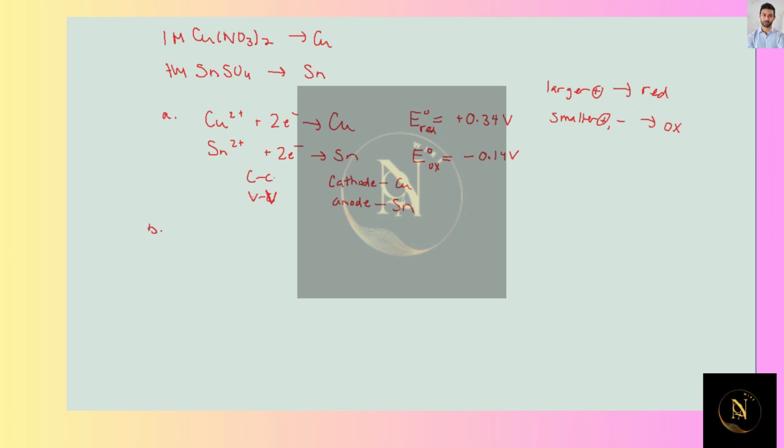In question B, we want to know which electrode gains mass and which one loses mass as the cell reaction proceeds. So we have our anode, and we have our cathode. At the anode, remember, oxidation is occurring.